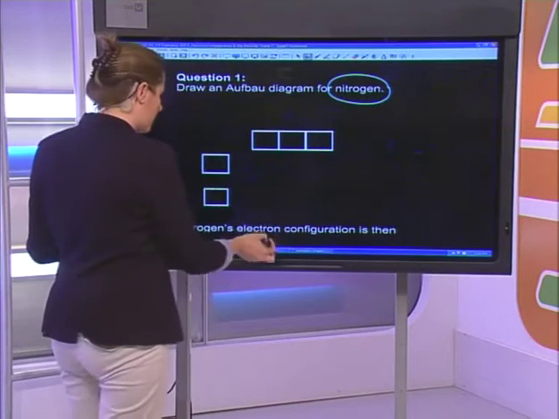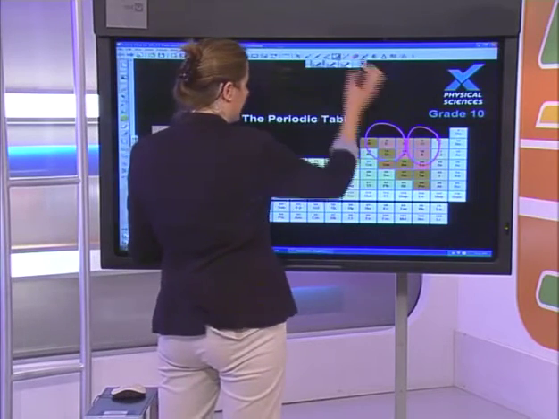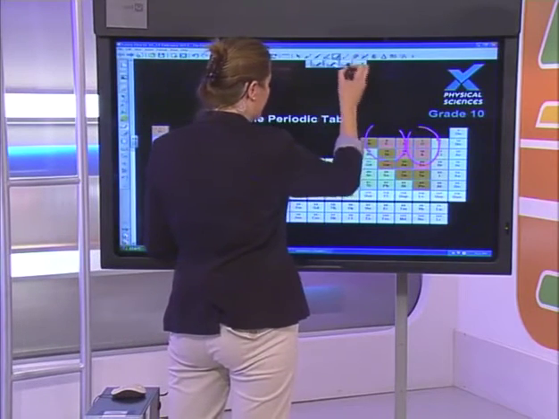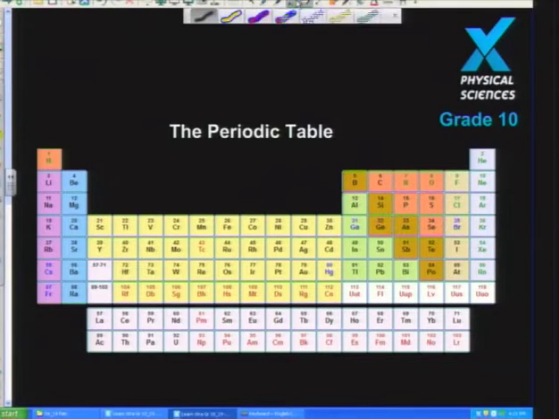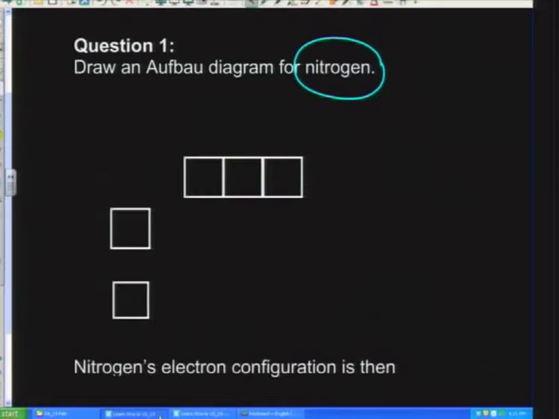Now, across to your periodic table, find nitrogen. Nitrogen in the middle, 7. Let's go back and start working with nitrogen. It is 7 and 14.